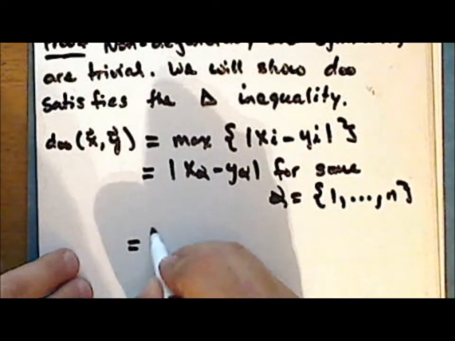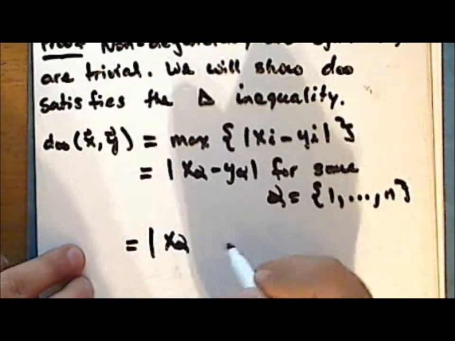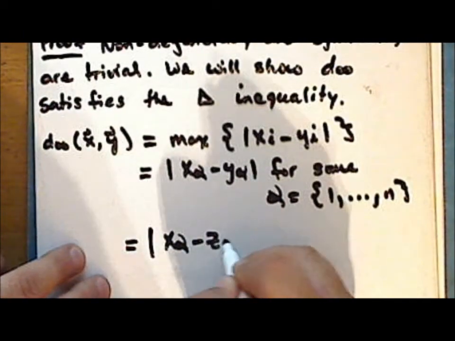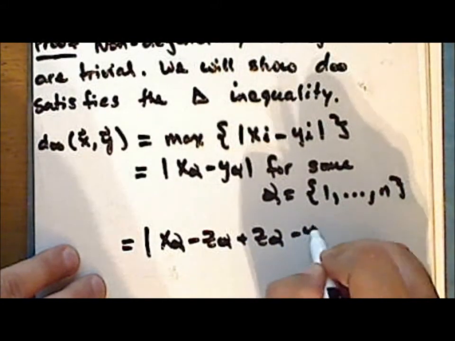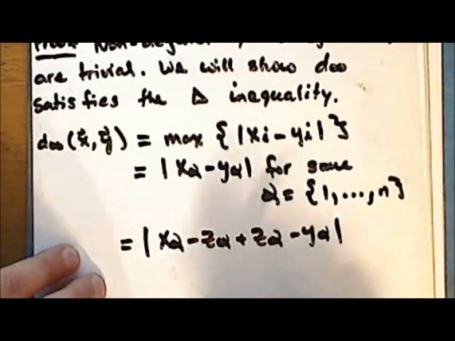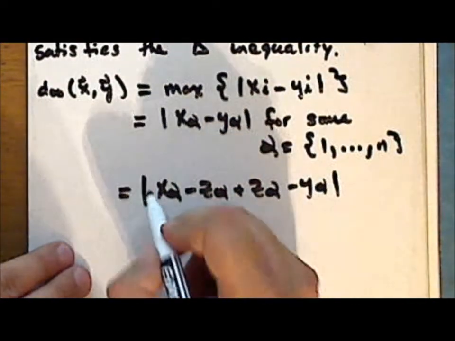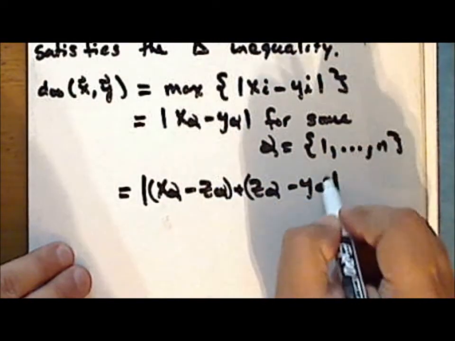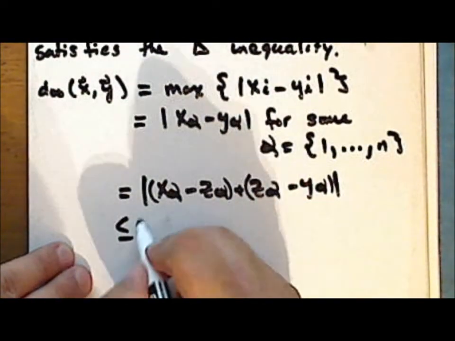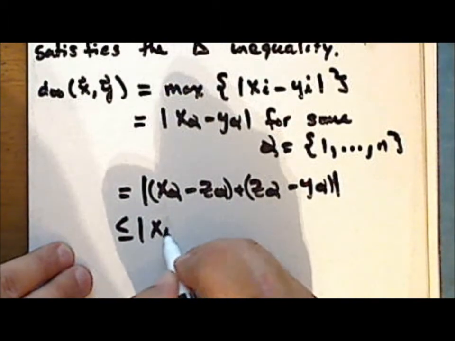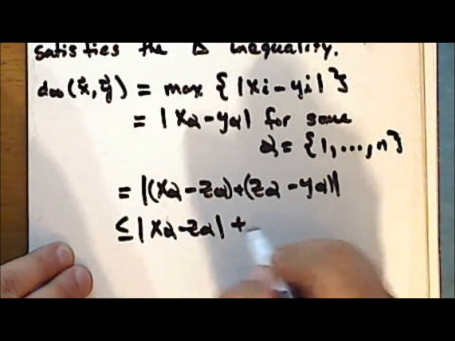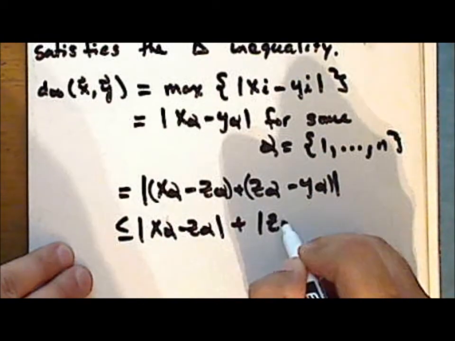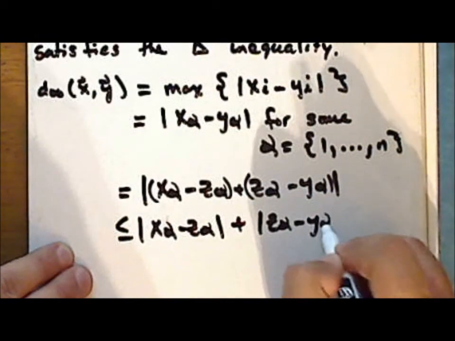And so this is the absolute value of x sub alpha minus z sub alpha plus z sub alpha minus y sub alpha, which is less than or equal to the absolute value of x sub alpha minus z sub alpha plus the absolute value of z sub alpha minus y sub alpha.